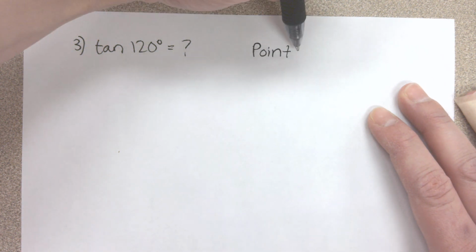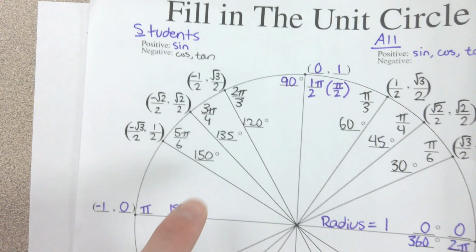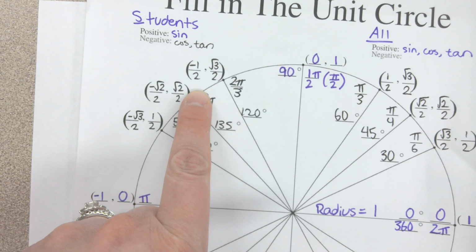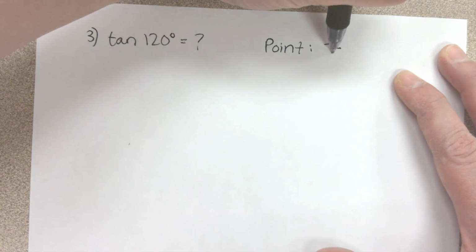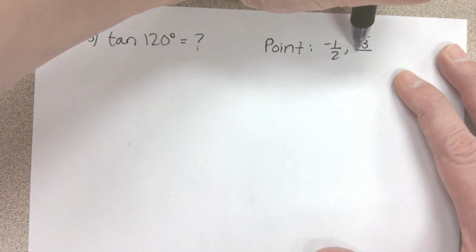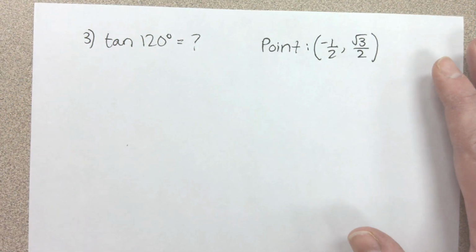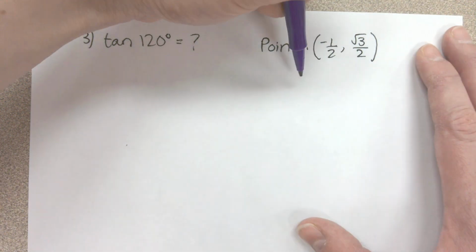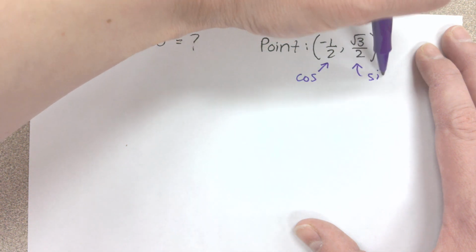First go to 120 degrees on the unit circle. 120 degrees, that's in quadrant 2. The point here is negative 1/2, square root 3 over 2. I'm going to write that down. Gentle reminder, x is cosine, y is sine.